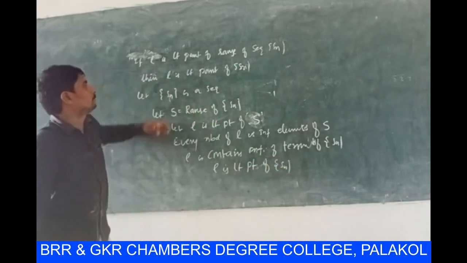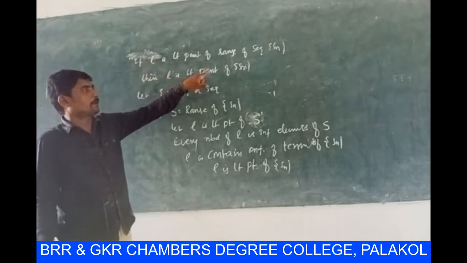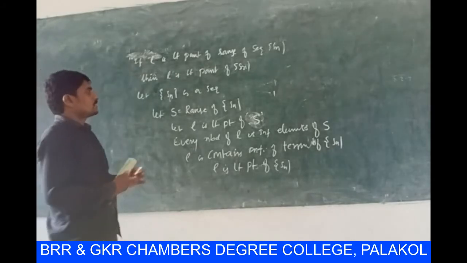So if L is the limit point of the range of the sequence, then the same L is a limit point of the sequence Sn. Right? This is the theorem. We will see another theorem.